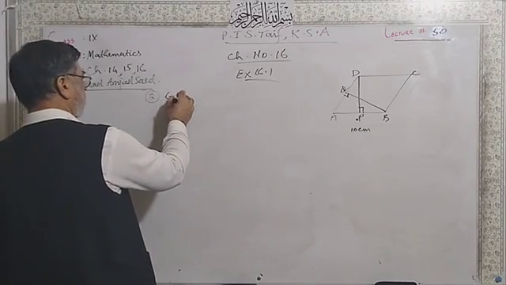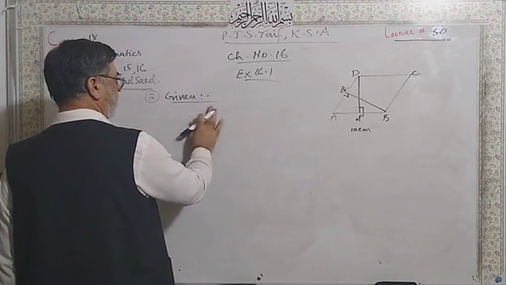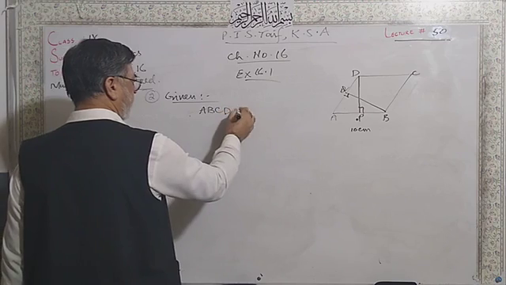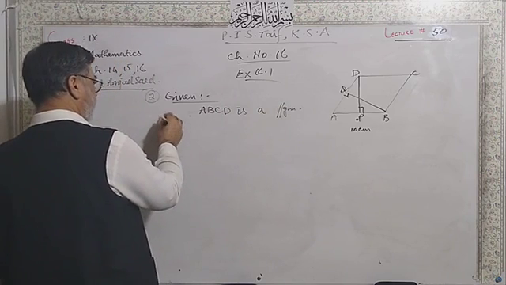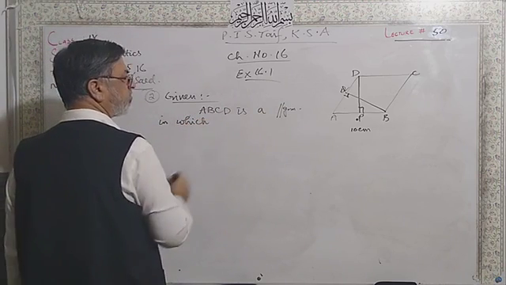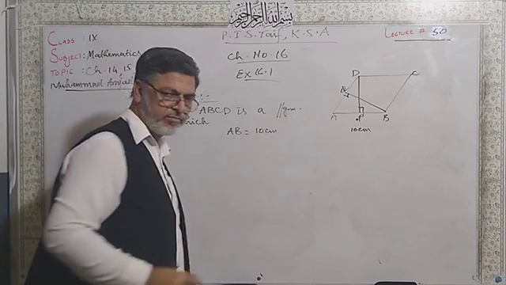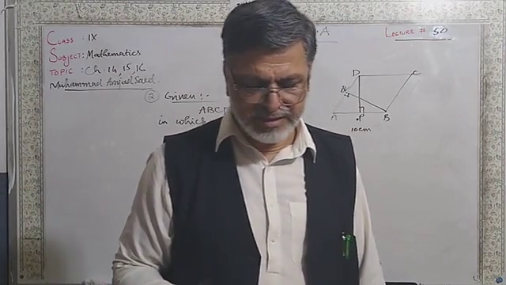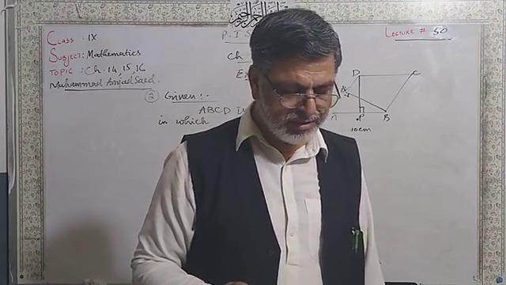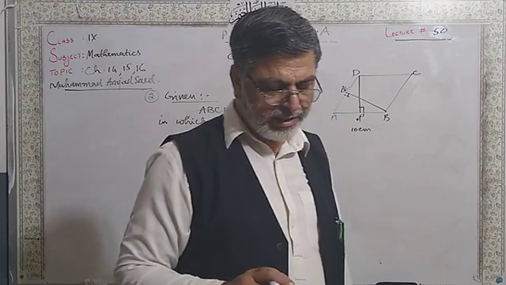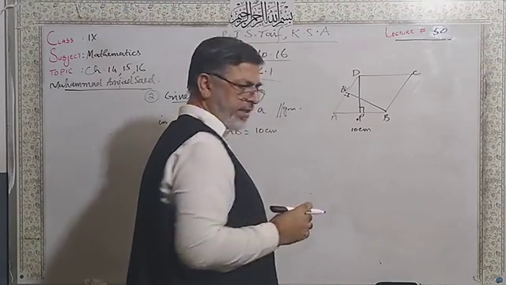What is given? ABCD is a parallelogram in which AB is equal to 10 centimeter. And the altitude corresponding to that, this is PD.